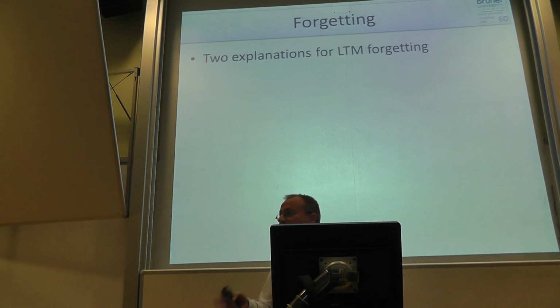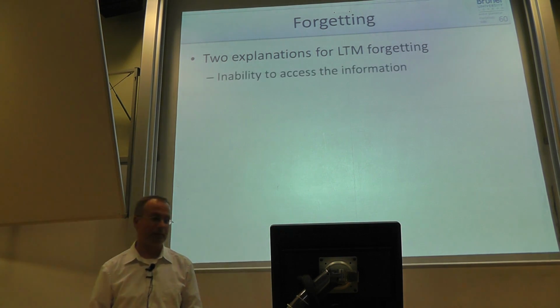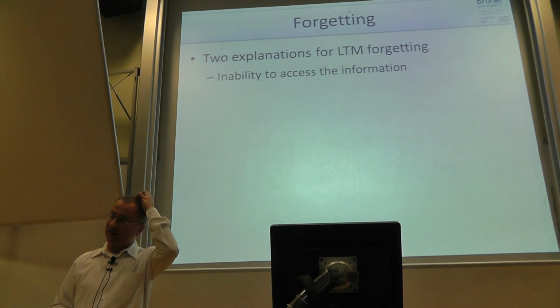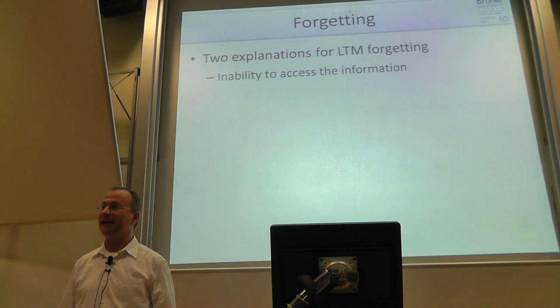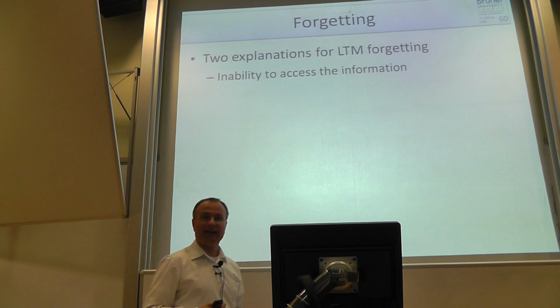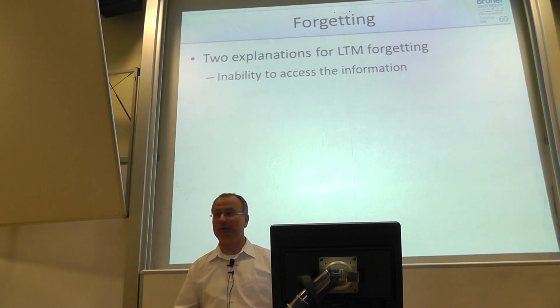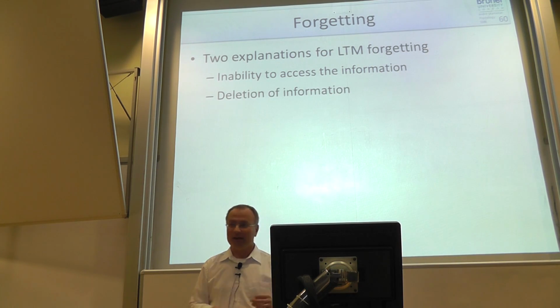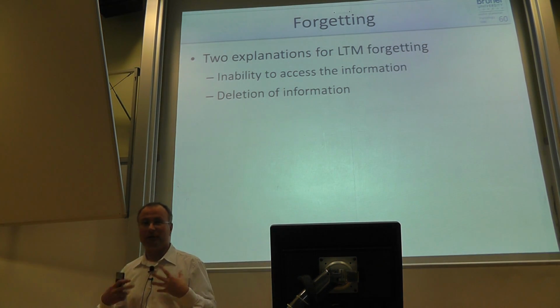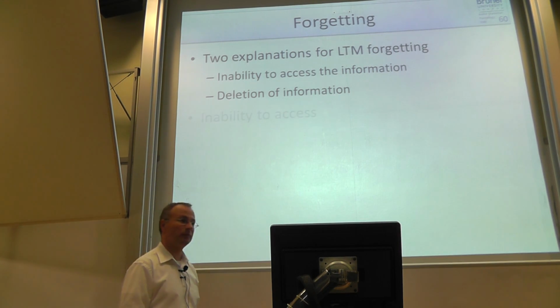Okay. There are two explanations for long-term forgetting. The first one is that the information actually stays in long-term memory. However, what we lose is our ability to access it, so that we can't retrieve it. The second one is that information actually is deleted and really not there.